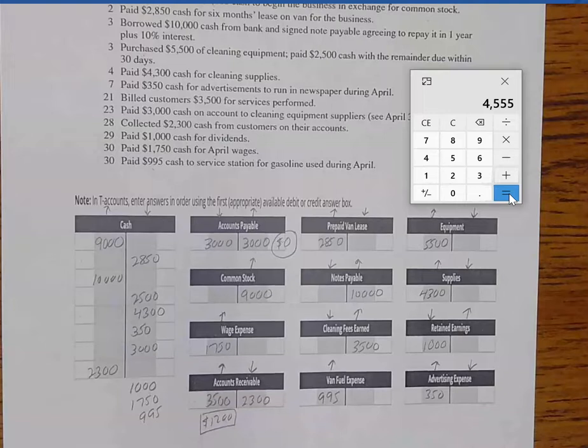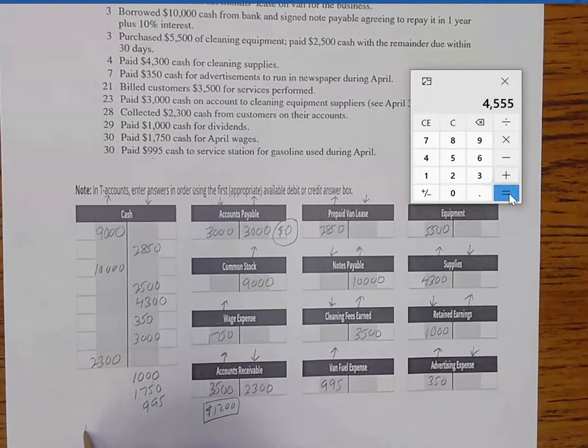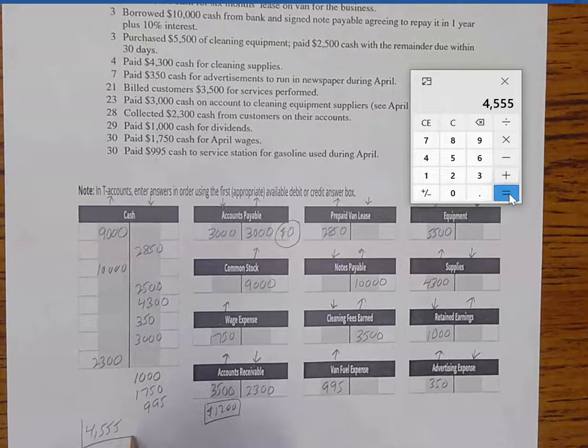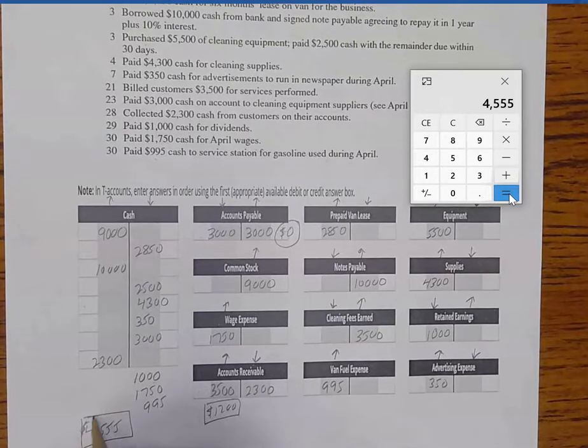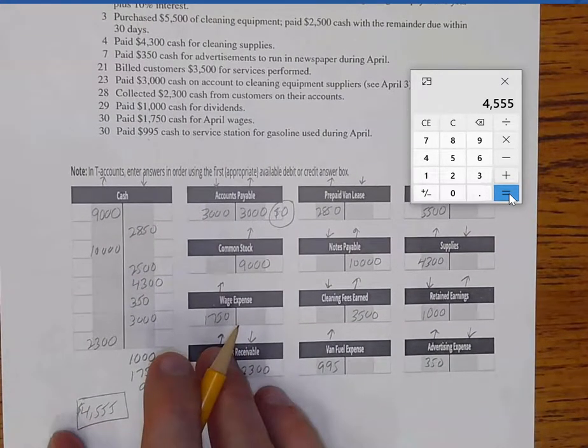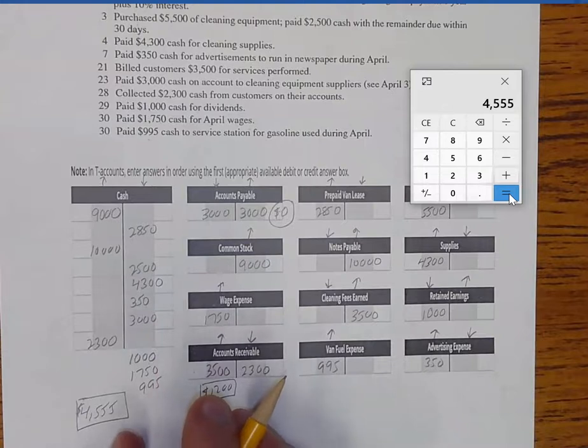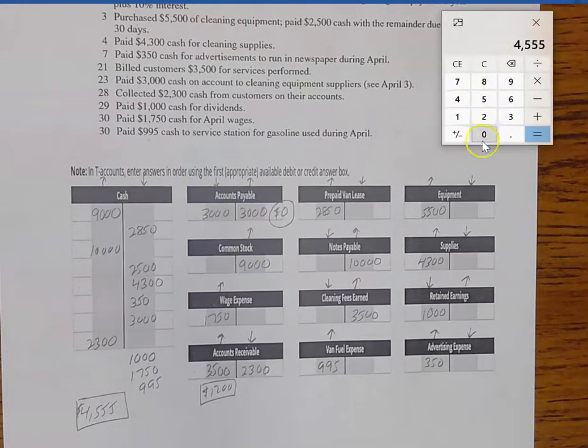Gives us $4,555. And again, I'm entering that over on the left side because cash has a normal left side debit balance. All right, so that's it for T accounts.